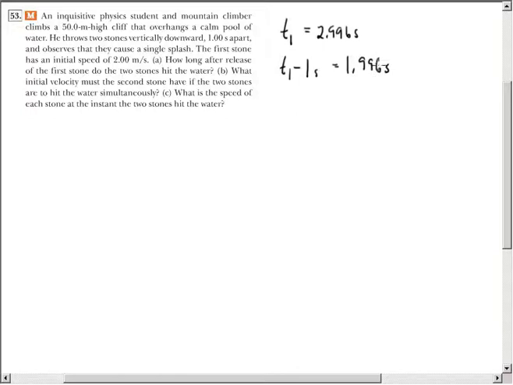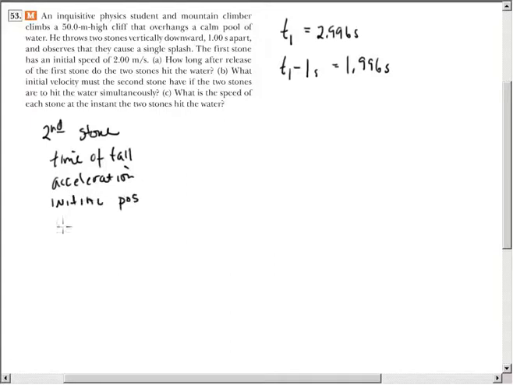The question now is asked, what is the initial velocity that the second stone must have? Well, what do we know about the second stone? We now know the time of fall, the acceleration, the initial position, and the final position.